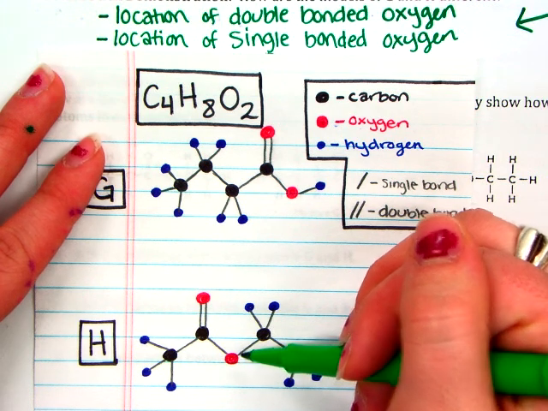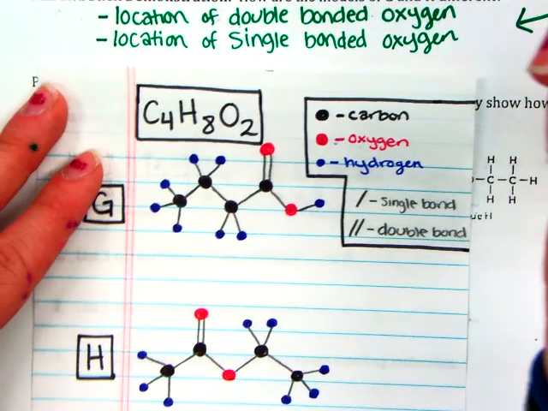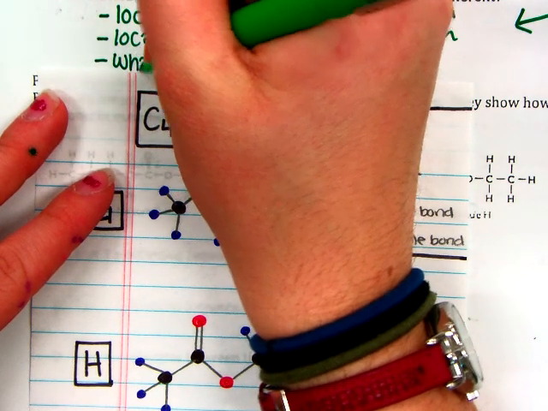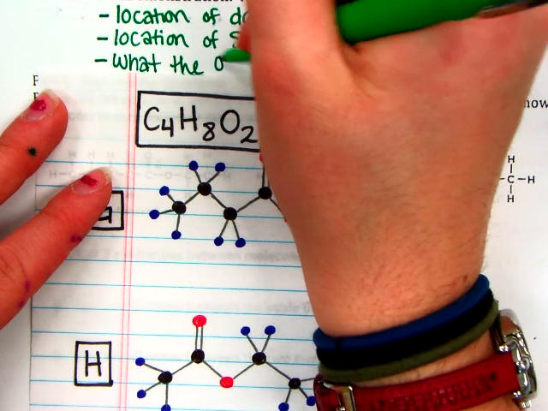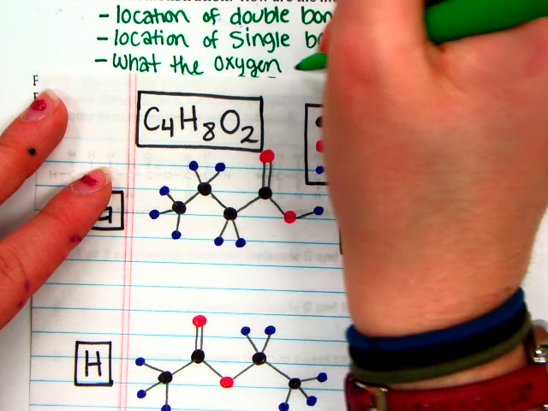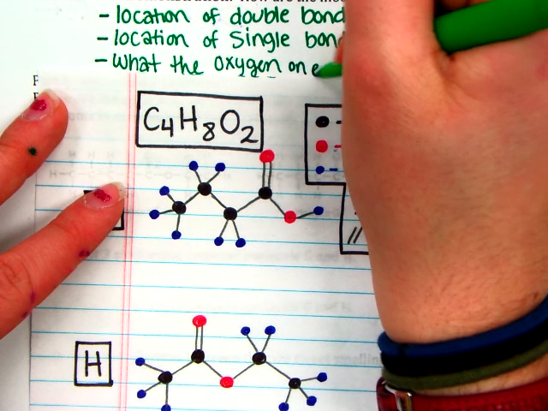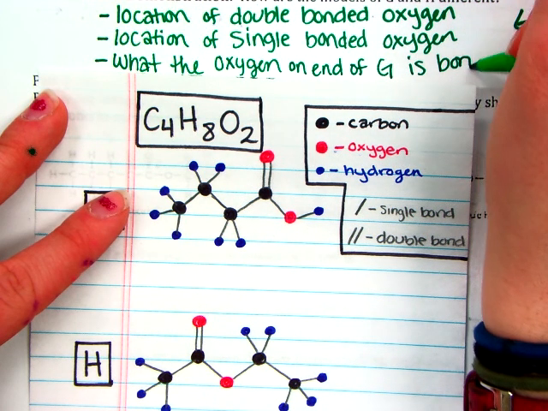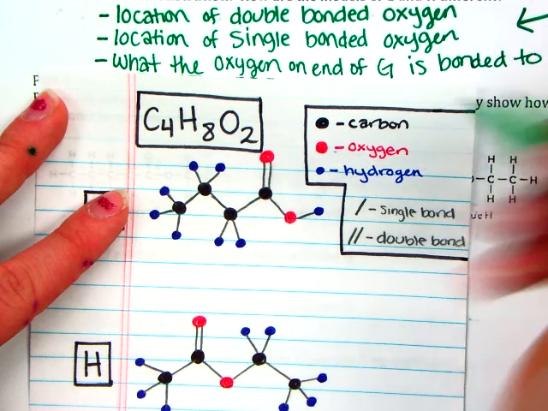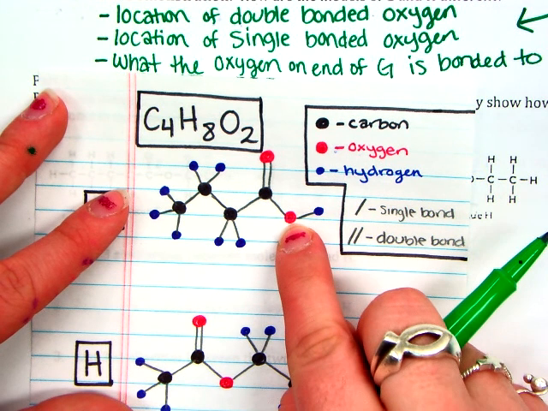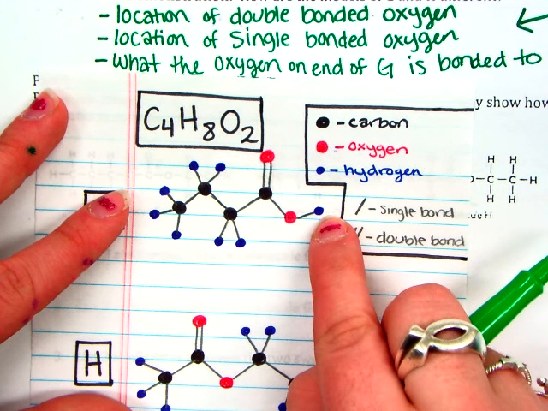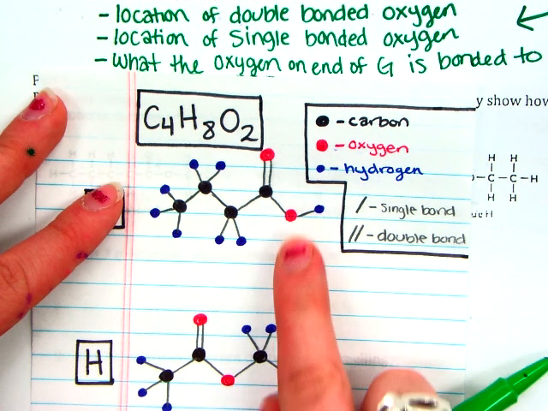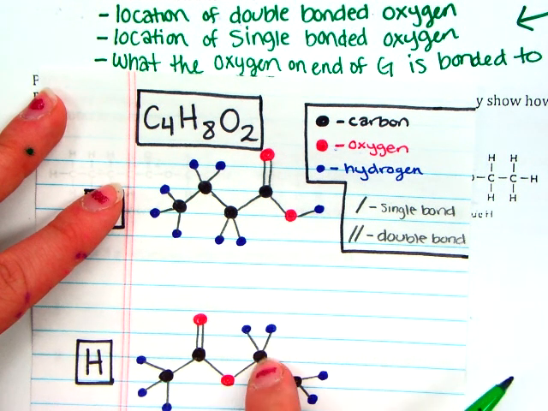And a third observation you could have made is what the oxygen on the end of G is bonded to. Looking at this oxygen here, it's bonded to a carbon and then a hydrogen. While this oxygen, being technically the same oxygen as here, is bonded to 2 carbons.